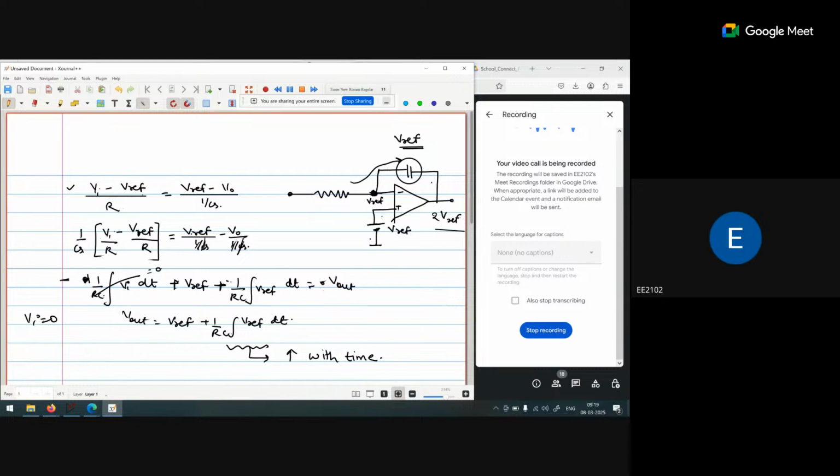Here, because of the R and C, if V ref voltage is added, the overall voltage will increase because of the gain as well as because of the two voltage sources. One is the capacitor as a voltage source. Second is the DC voltage that you apply as a voltage source.